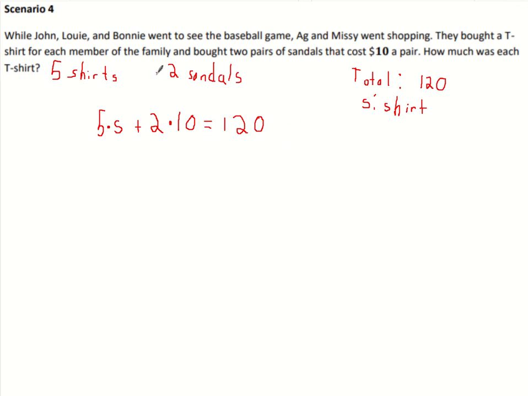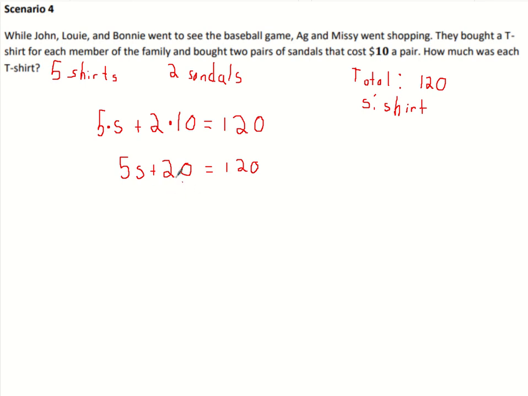The form of our equation is different because we're not going to have to do anything like our distributive property here. But the way that we'll solve this is going to be the same. 5 times S, well, that's just 5S, plus 2 times 10, that's going to be 20, is equal to 120. So the cost of 5 shirts plus $20 is $120.